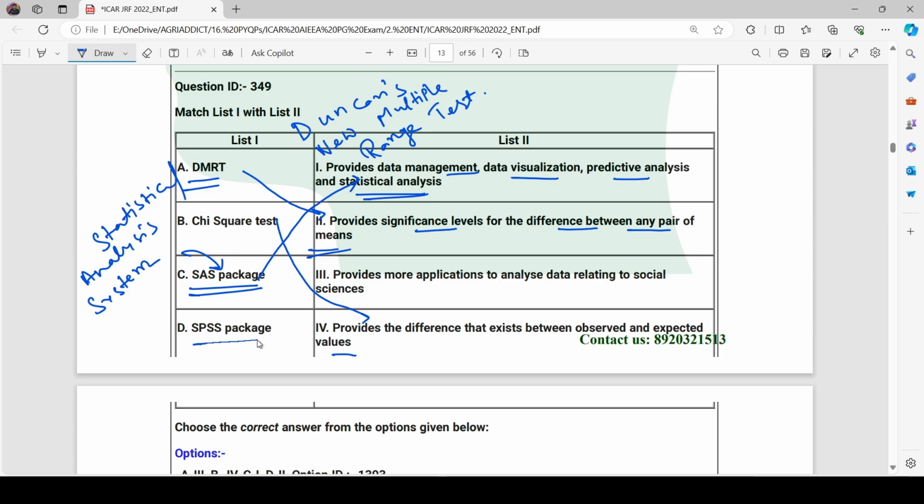And lastly, the SPSS package. What is SPSS package? It's the statistical package for social sciences.